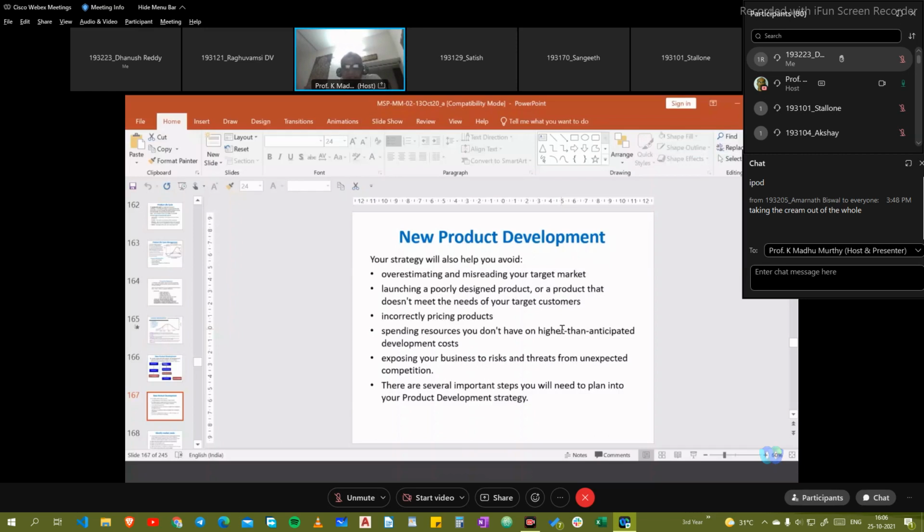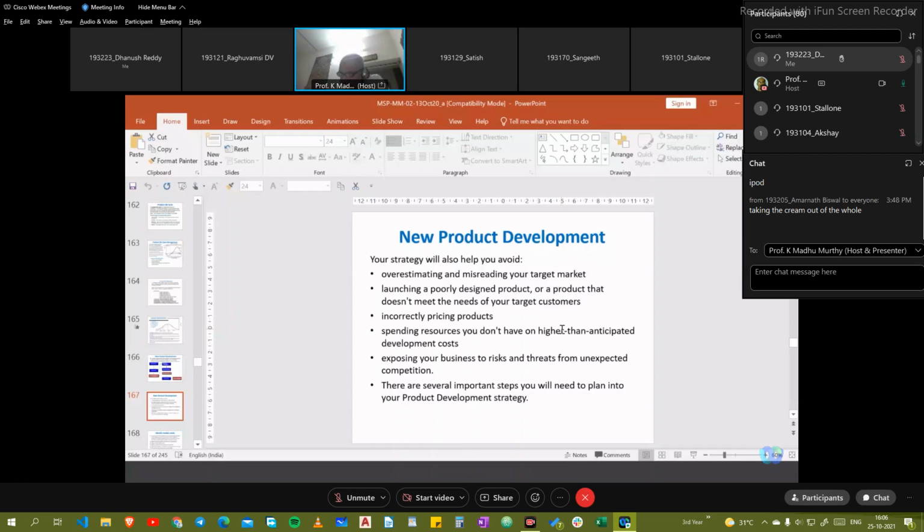And the pricing of the products we don't understand, and then we spend more resources than what we have budgeted or planned for. In that sense, no management is existing. So it's bad management, exposing your business to risks and threats from unexpected competition.